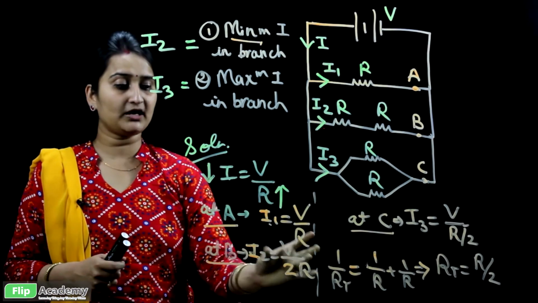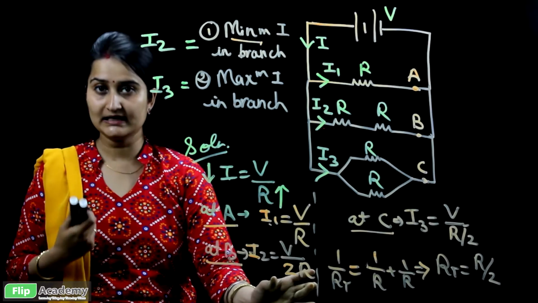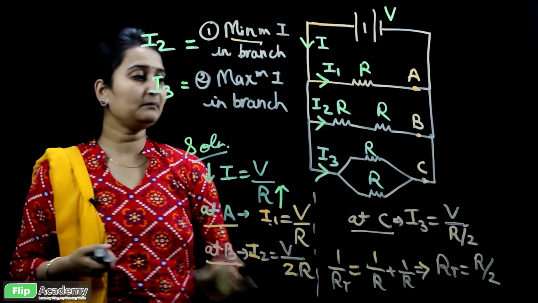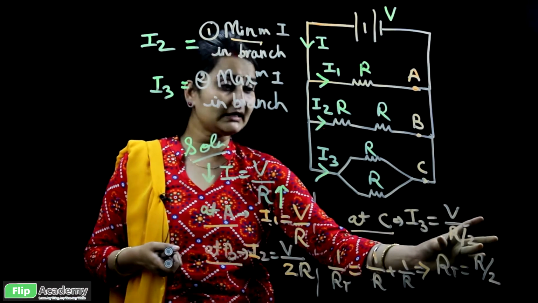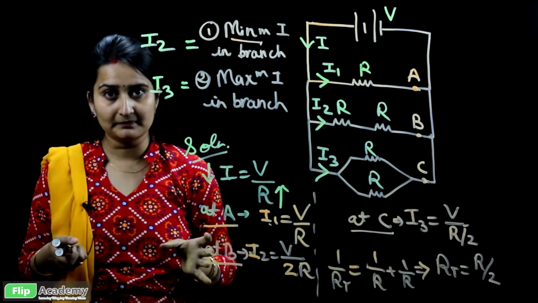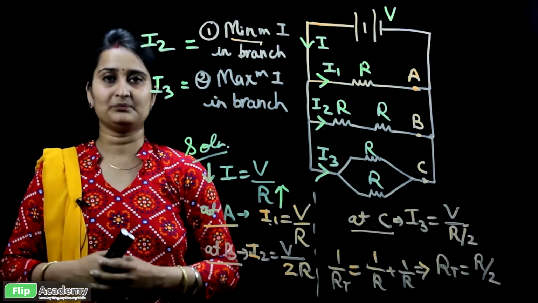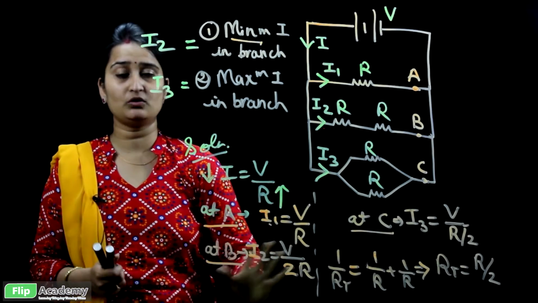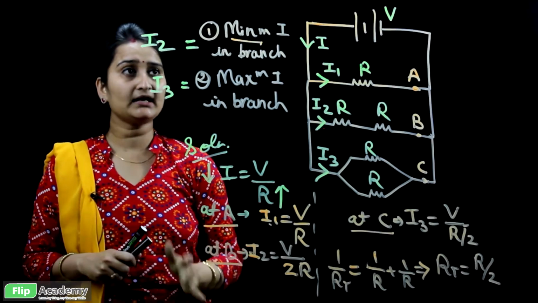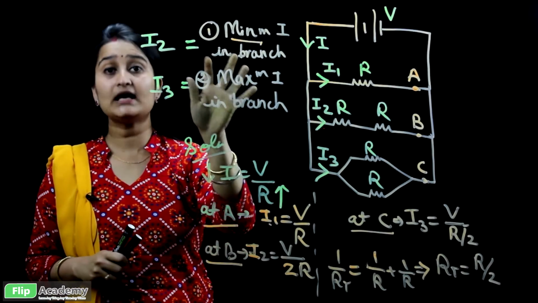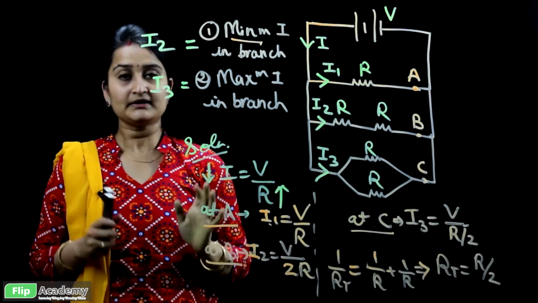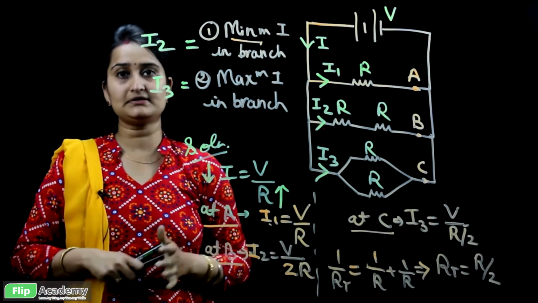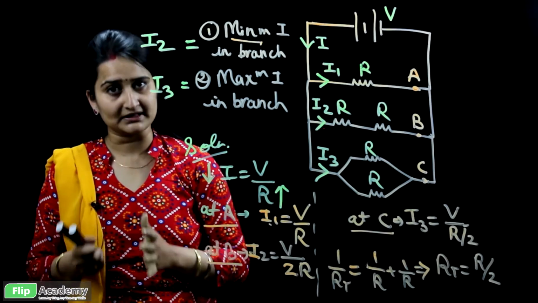At the place where resistance is increased, the current is minimum. At the place where resistance is decreased, the current would be maximum. So, what we have concluded through this explanation is that whenever there is a series circuit, the current is minimum, and when there is a parallel circuit, the current is maximum.